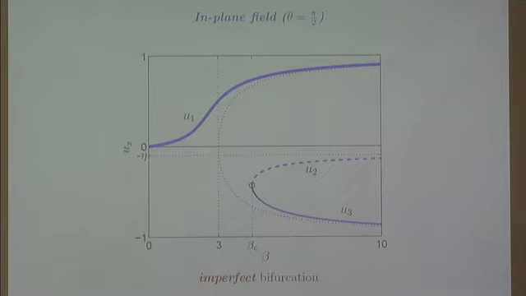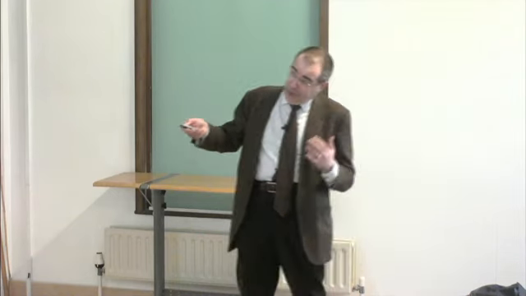The two stable branches reduce to a single one, which is the globally stable configuration, and one of the other two branches preserves a certain degree of stability, but it is only locally stable.